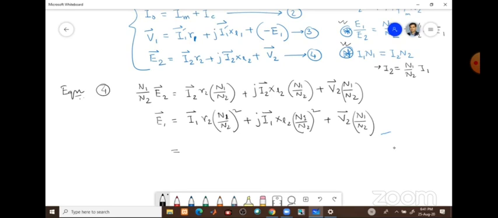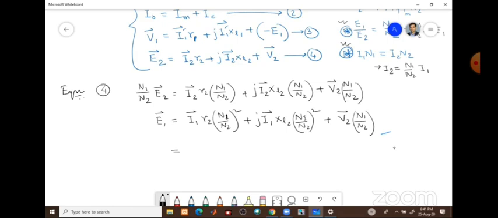So they can be represented in the phasor diagram also. These are all phasors basically. But phasors obey all the rules of vectors, therefore we treat them as vectors.